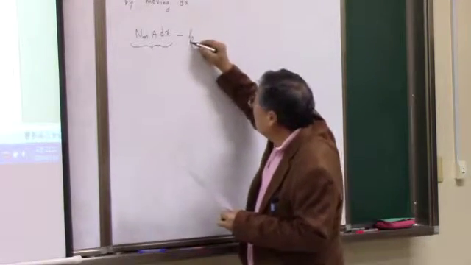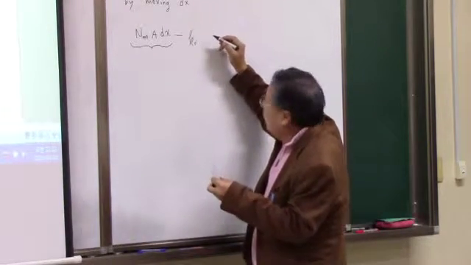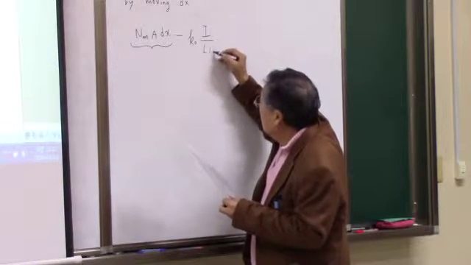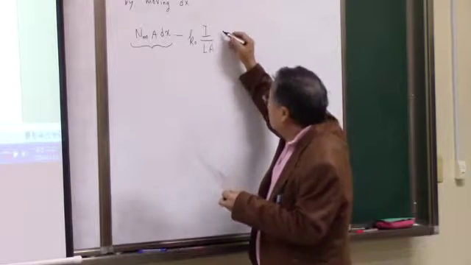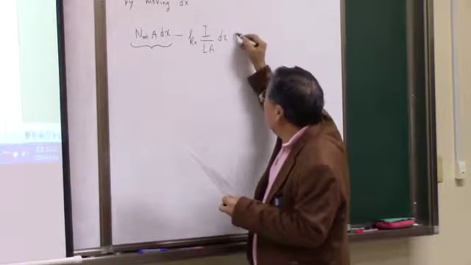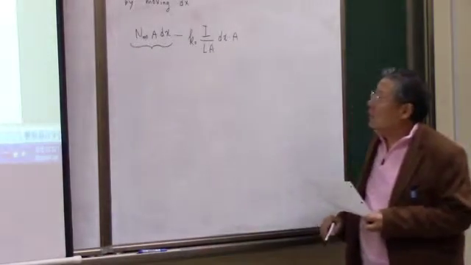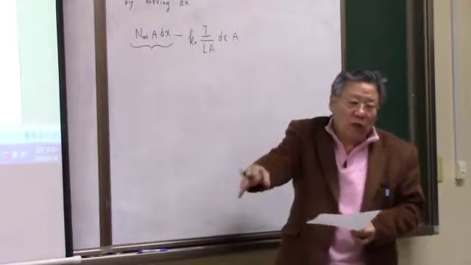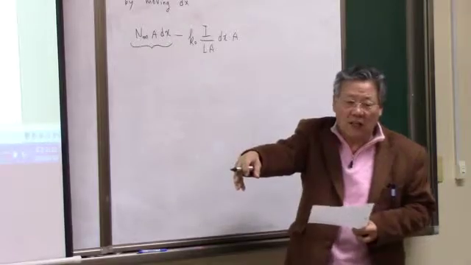And then K naught is the segregation coefficient, and I over L times A dx, again the volume, is going to be the dopant atoms incorporated into the solid.